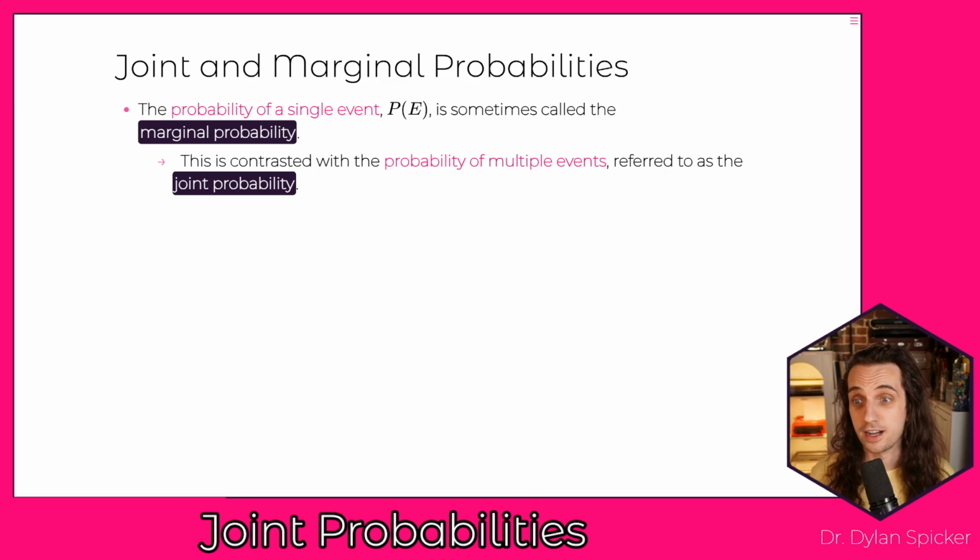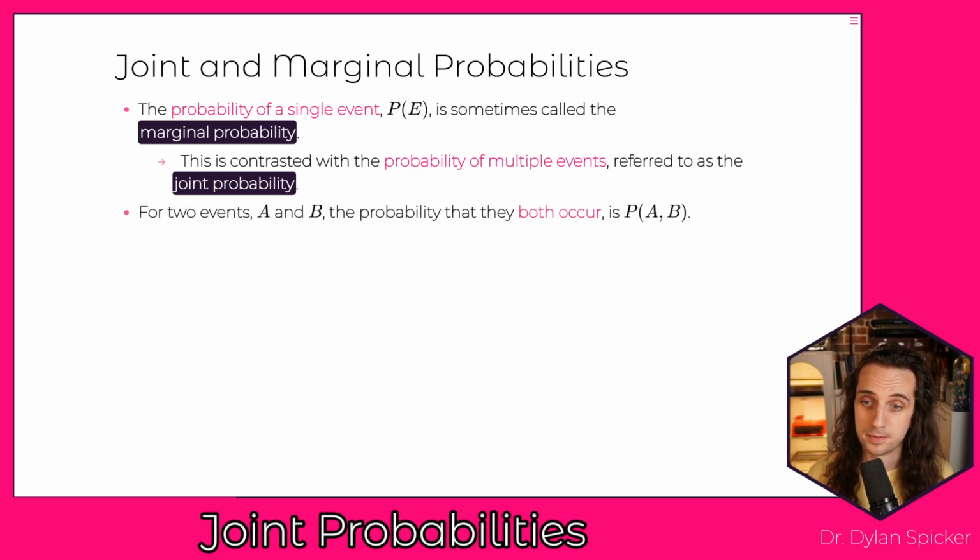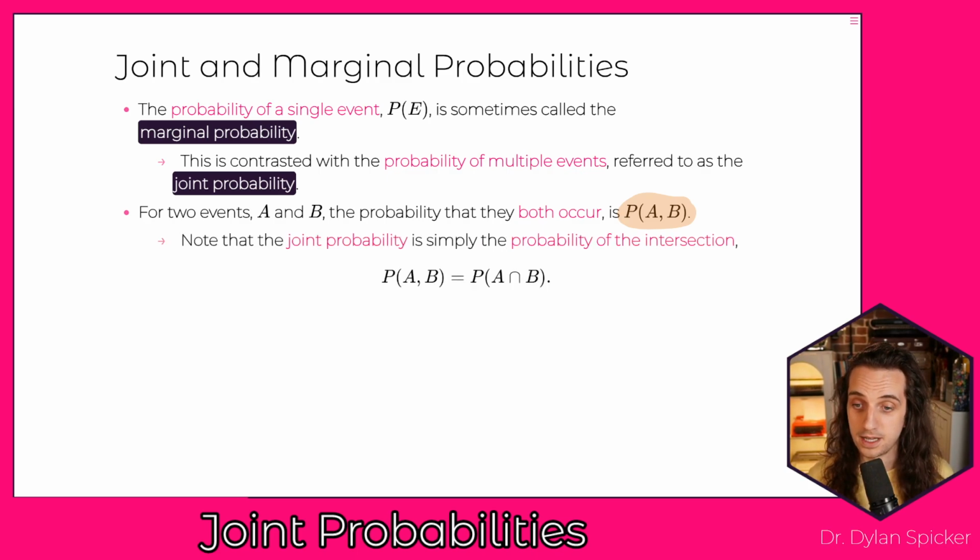Now this is going to be defined in contrast with the probability of multiple events occurring, which is referred to as the joint probability. So if we have two events, A and B, the probability that they both occur is the joint probability of A and B, and we're most often going to write it in this way right here, probability of A and B. So this would mean that both event A and event B happened at the same time.